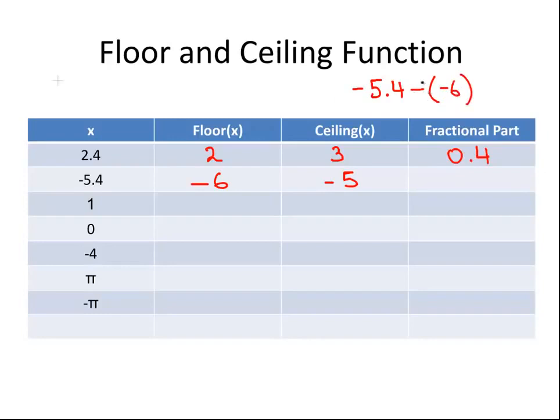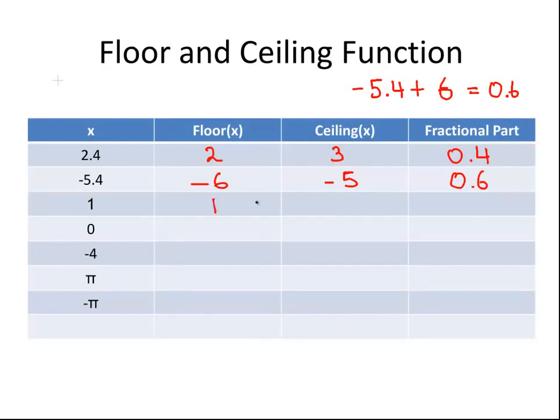The minuses cancel out, so what we're left with is +6, essentially. So it becomes +6, and the answer is therefore 0.6. So the fractional parts, again for negative numbers, can be tricky.